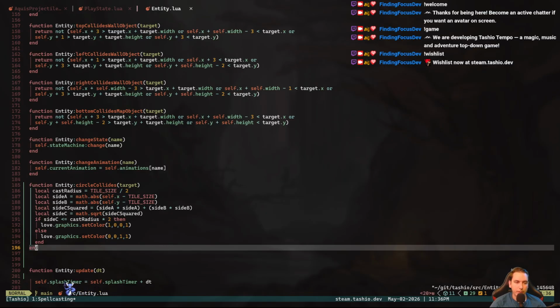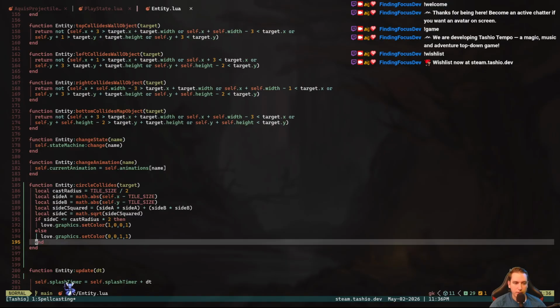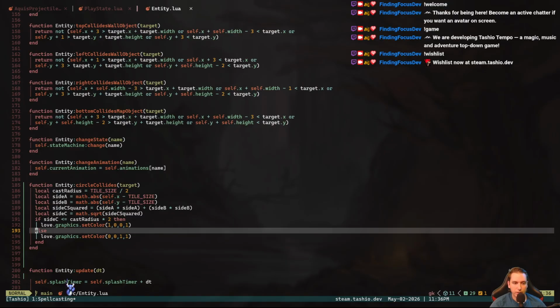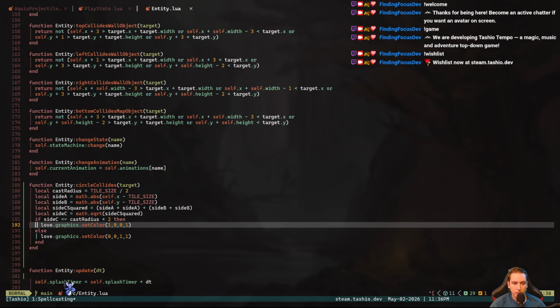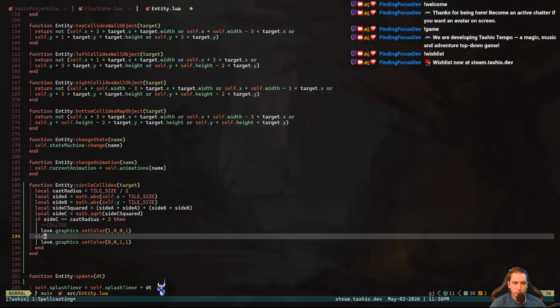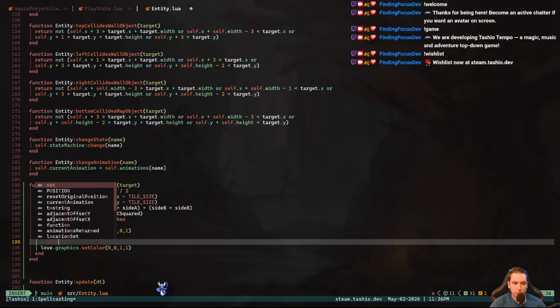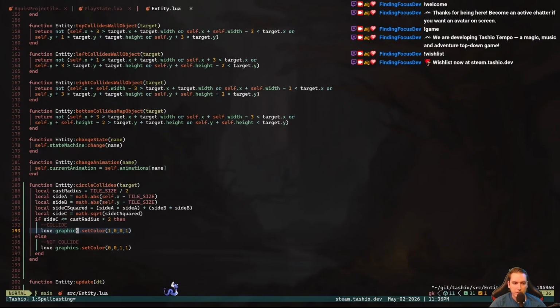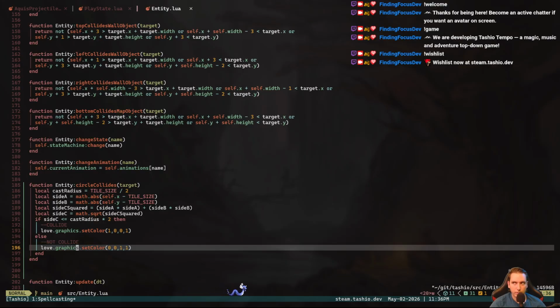So all this really does when we run the method is do a set color of either red or blue: red means collide, blue means not collide.